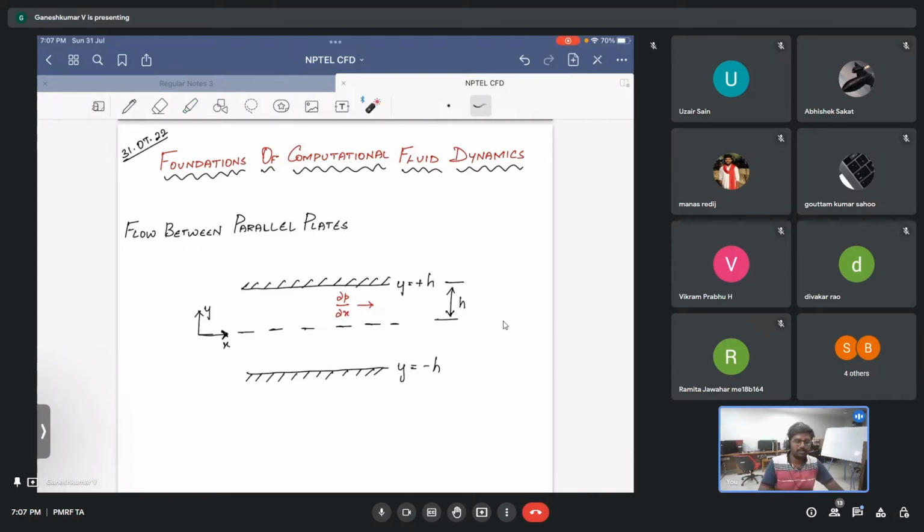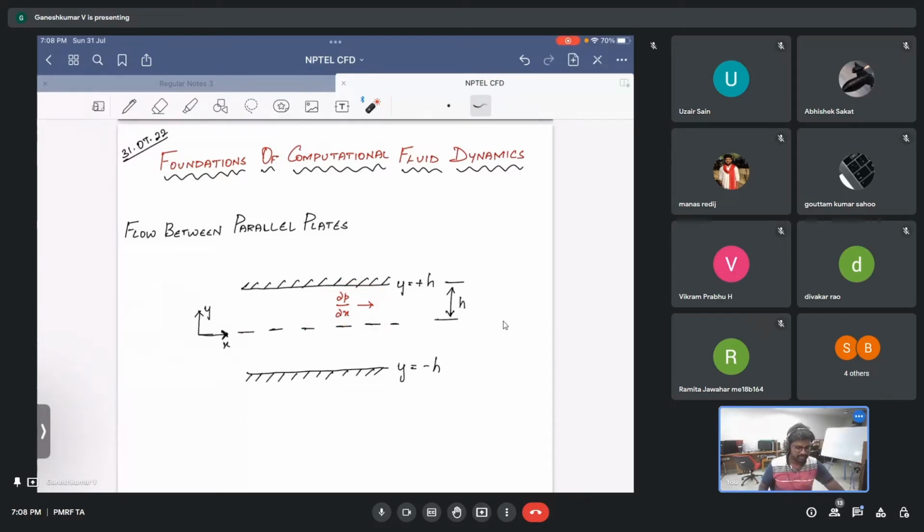Stop me at any time and you can ask me questions. Unless there are questions, I will move forward. As the name suggests, there is going to be a flow between these two parallel plates, this plate and this plate, and the flow is driven by the pressure gradient.